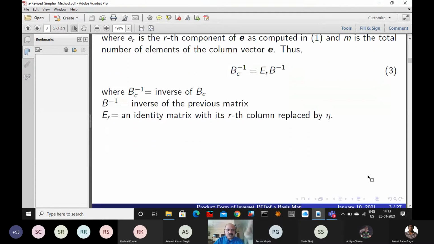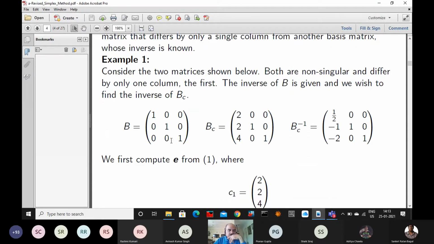I will repeat. This is our B. If you compare B with BC, which column is different? The first column is different. The first column elements are E1, E2, E3, and you will get E. E is defined as B inverse into C1.